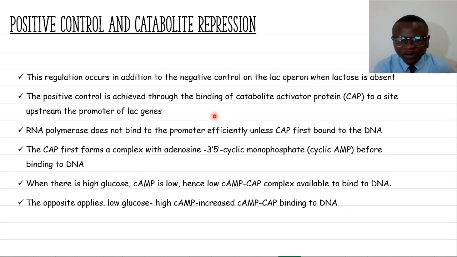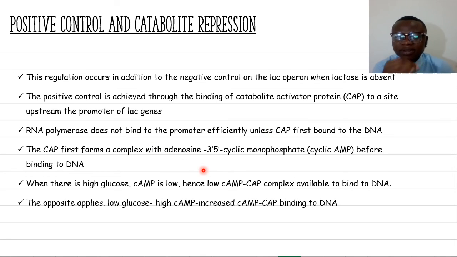So right before the promoter, you have a site that facilitates the binding of the CAP protein. Once CAP protein binds to the DNA, it is going to facilitate the binding of RNA polymerase.